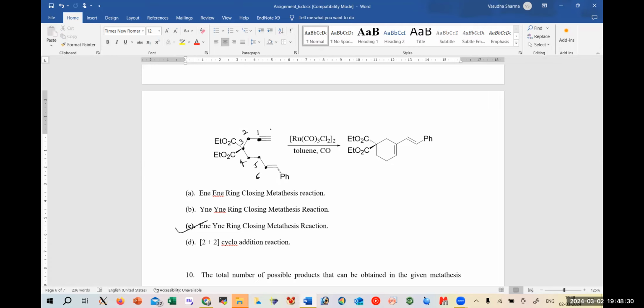One alkene would undergo the metal carbene and then subsequently it would undergo the alkyne metathesis. So this is enyne ring closing metathesis reaction.